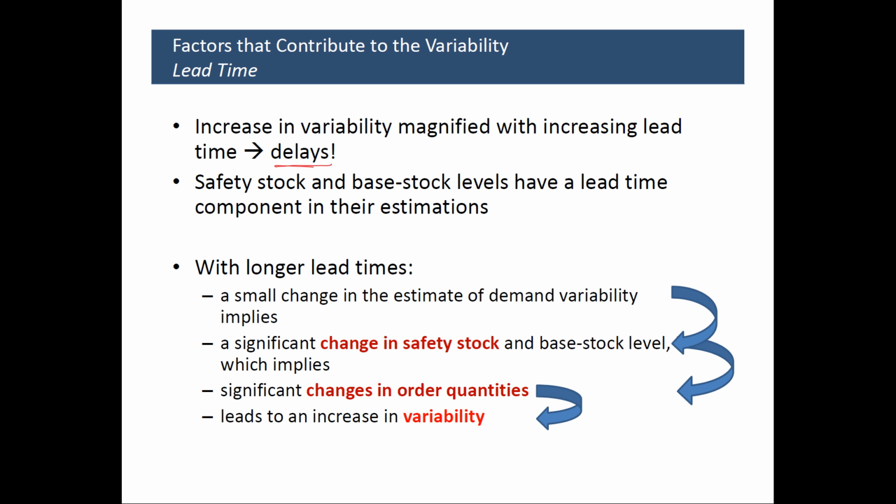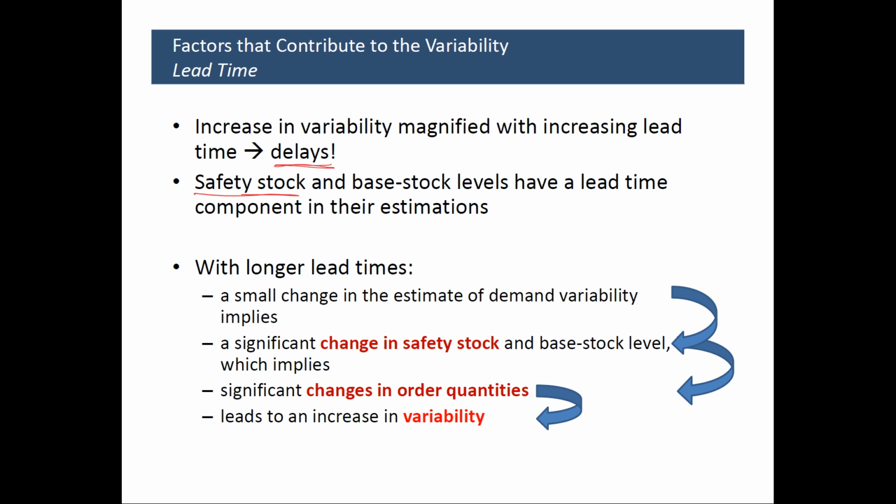That means the longer the delays become between our order and the time that our order arrives from the supplier at our premises, the more uncertainty is induced, because the time periods, or the weeks, as we have seen in the game, just continue to come, and orders from our customers arrive in a continuous manner, but our supplies will not arrive at a certain pace. So this induces a lot of uncertainty in our order sizes.